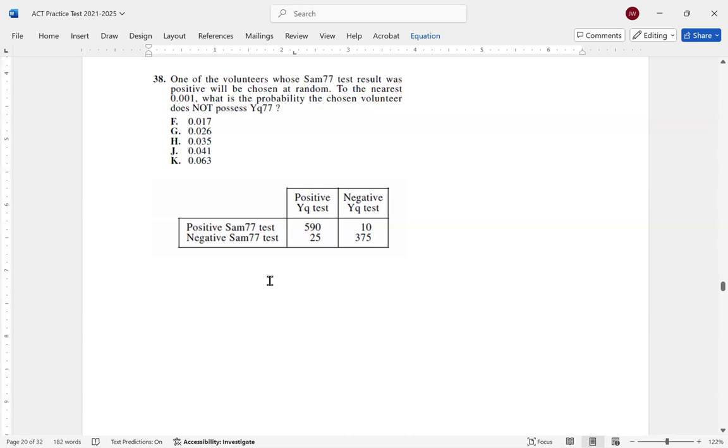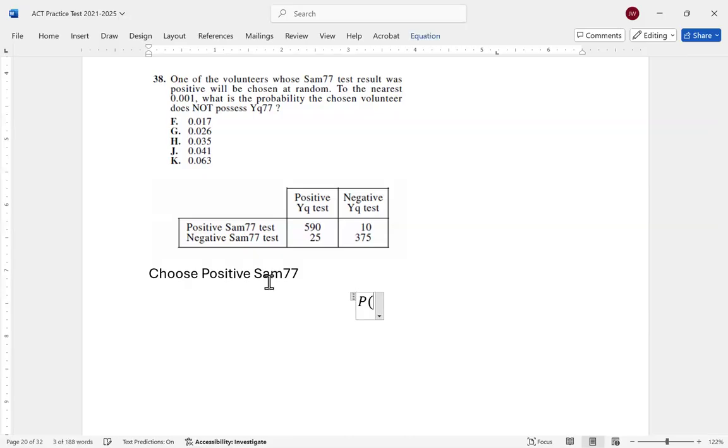Question 38. One of the volunteers whose SAM77 test result was positive will be chosen at random. So we're going to choose a positive SAM77. To the nearest 1,000th, what is the probability that the chosen volunteer does not possess YQ77?